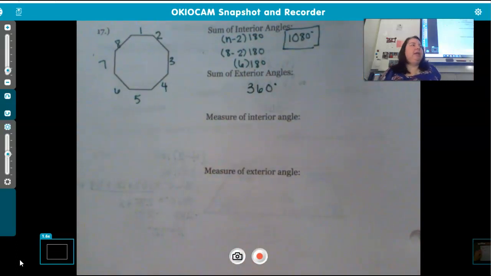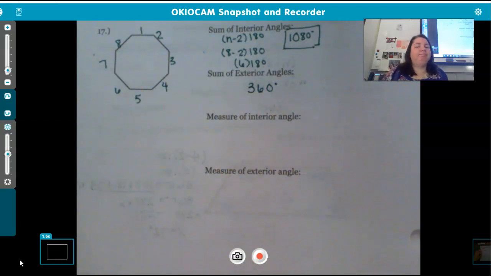Now, this is a regular octagon. What does regular mean? It doesn't mean it's had its fiber. What does it mean? All the angles are what? Equal, congruent. What about the sides? Equal. So this is an easy one.